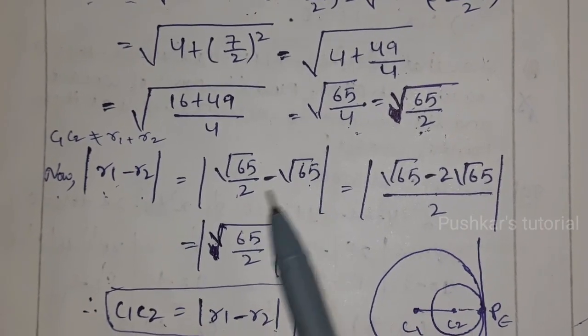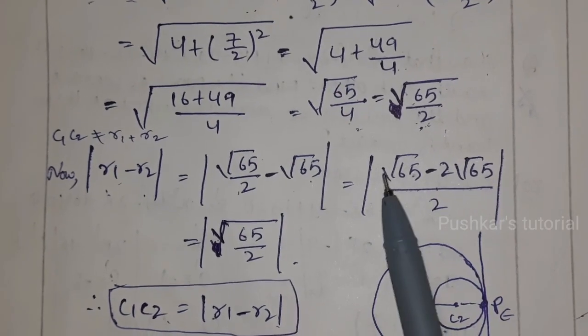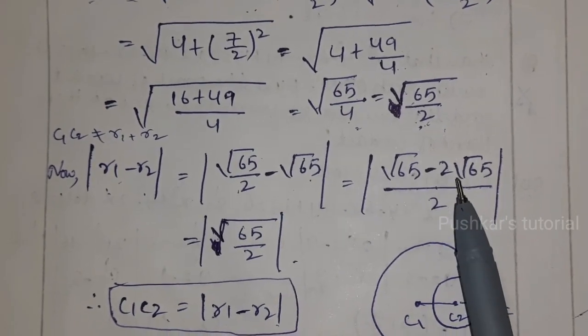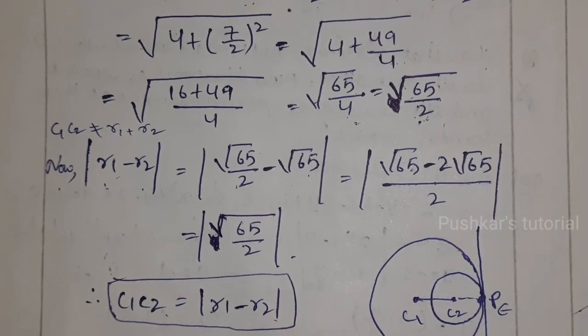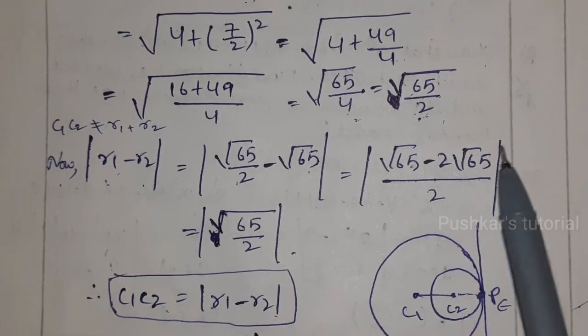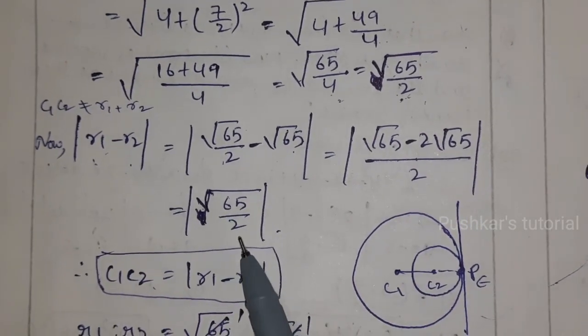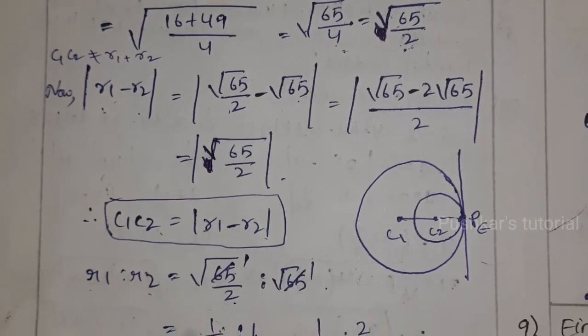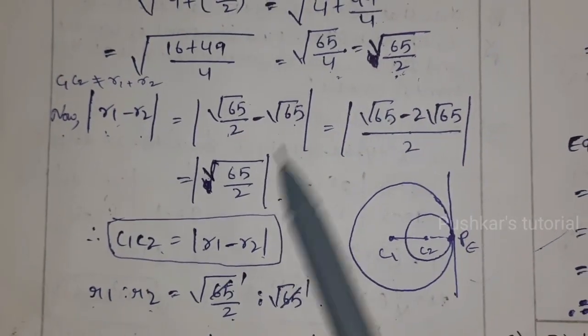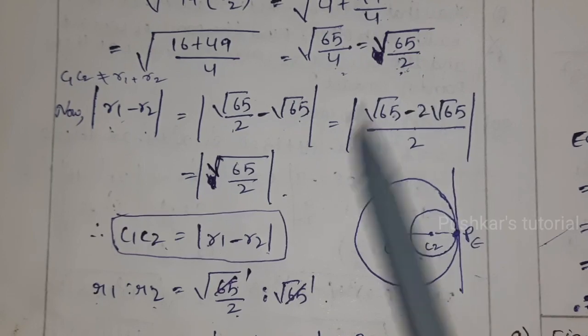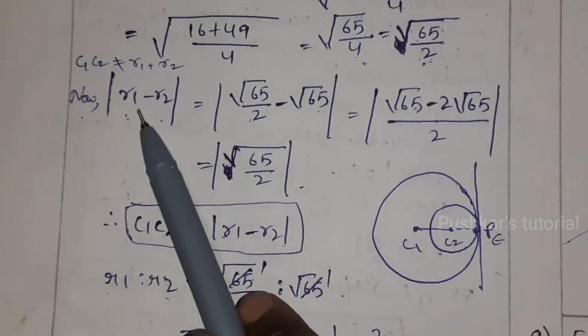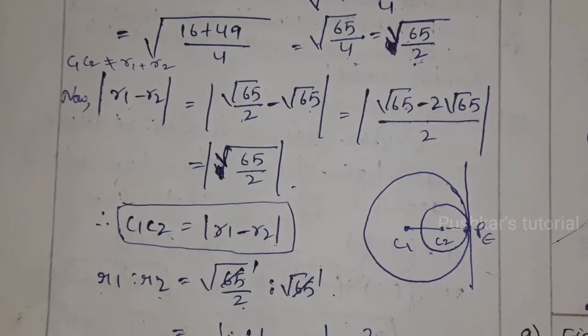So again LCM: 1 root 65 minus 2 root 65 will give you minus root 65 by 2. Removing the mod, we can write simply root 65 by 2. So observe here, both are equal, meaning the C1C2 value is equal to the subtraction R1 minus R2.